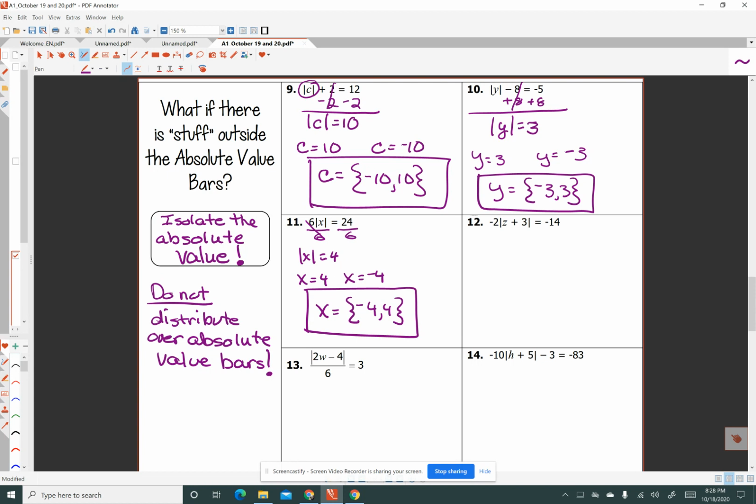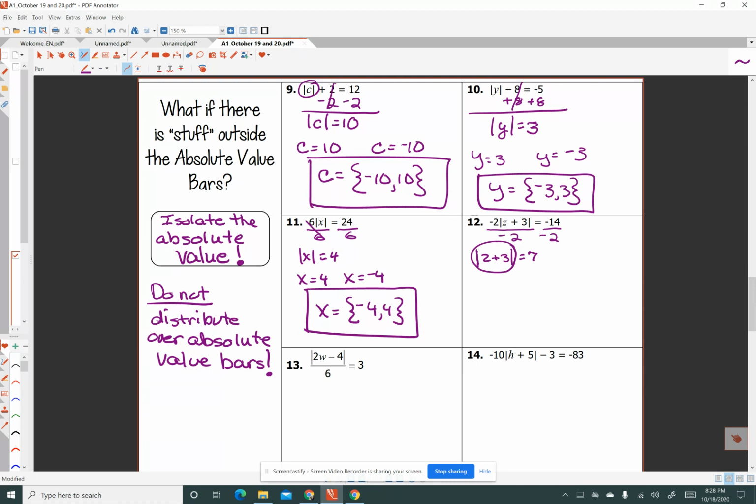Same with number 12. We will divide both sides of the equation by negative 2 so that we can isolate the absolute value term, which is z plus 3, which was now going to be equal to 7. So then we will have, this is the whole absolute value term.